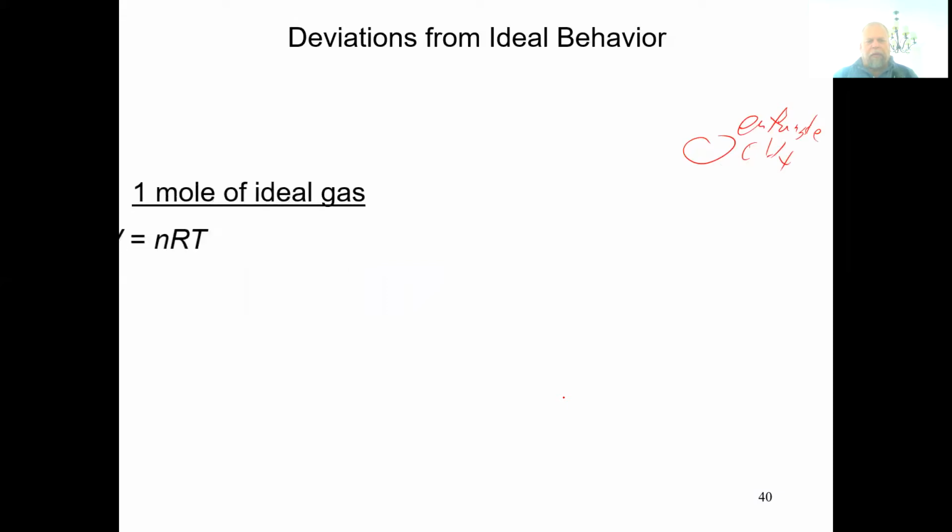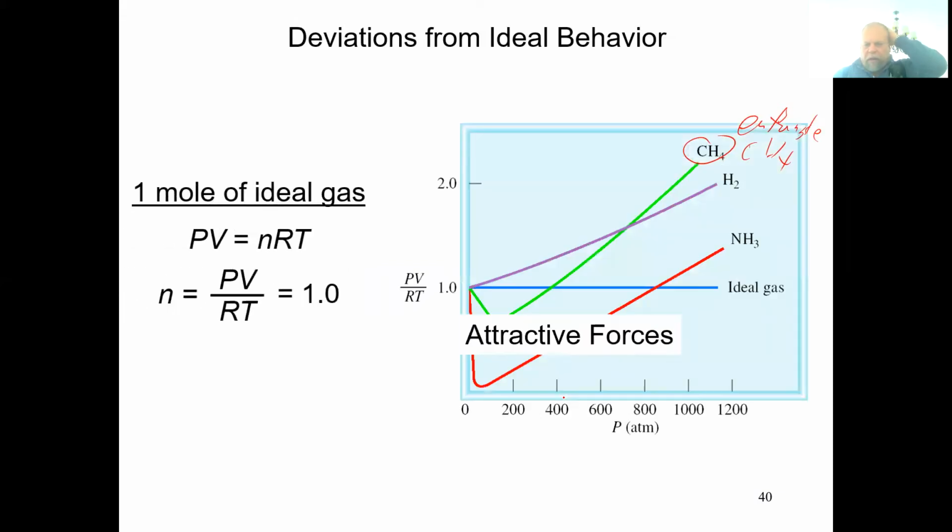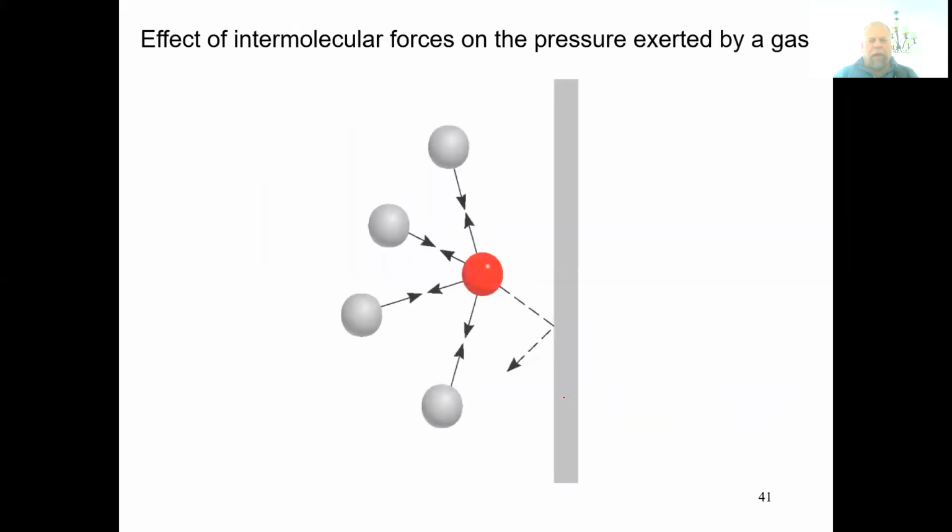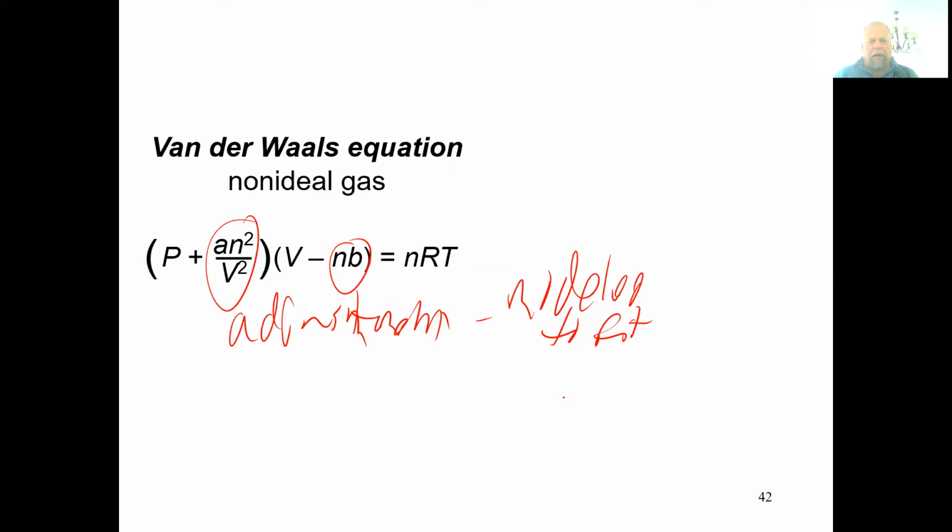Now the deviations from ideal behavior. Essentially, ideal behavior has to do with no attractive or repulsive forces, but with real gases there are. And so basically you've got to adjust for this.